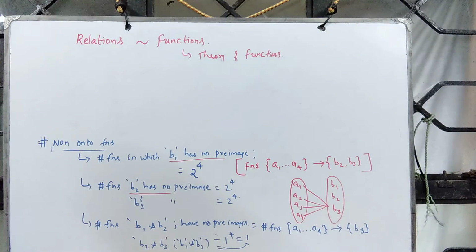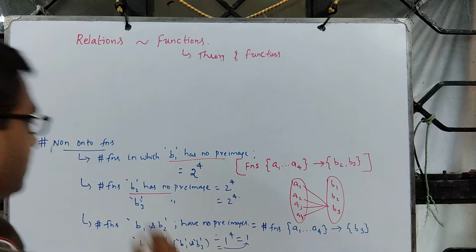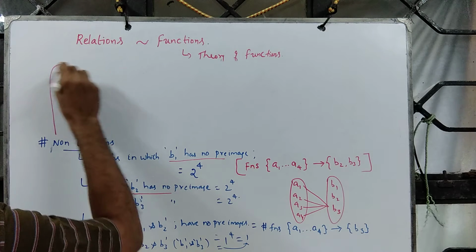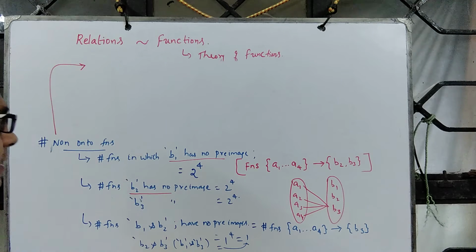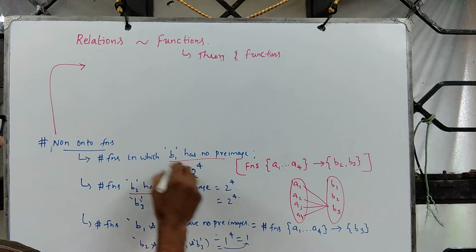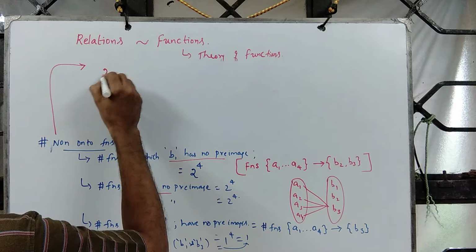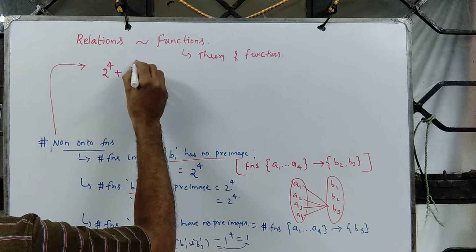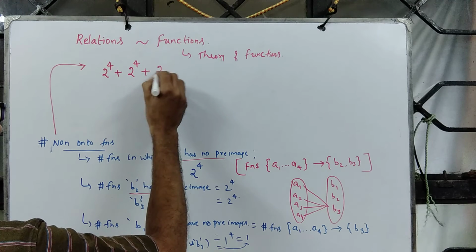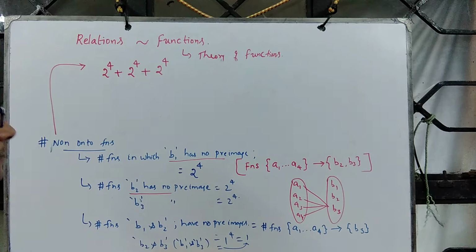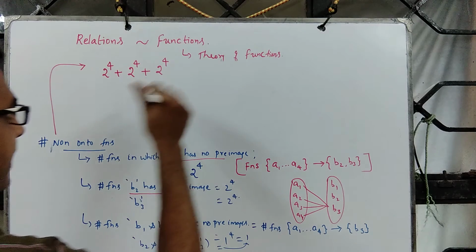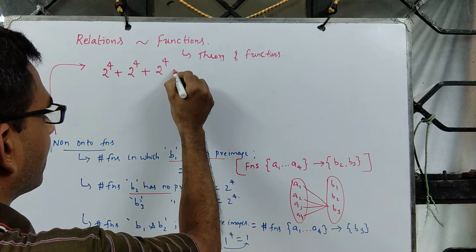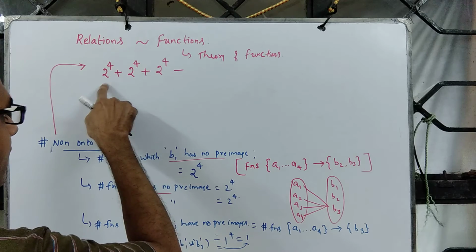So if we consolidate what we have discussed, the number of non-onto functions are precisely these: functions in which B1 has no pre-image, B2 has no pre-image, B3 has no pre-image. But the same function is counted twice.